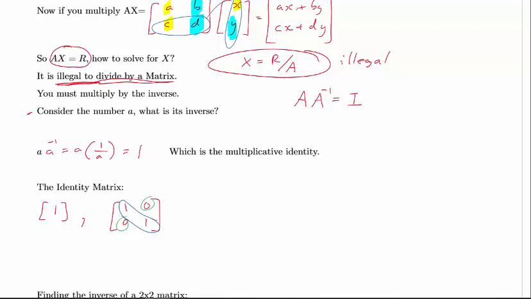The identity for a 3 by 3 matrix, same pattern, 1 1 1, zeros everywhere else, right? 1s along the diagonal, 0s everywhere else.